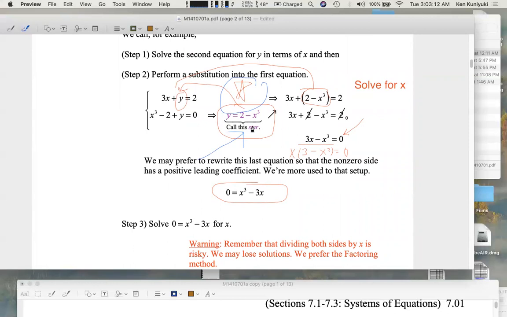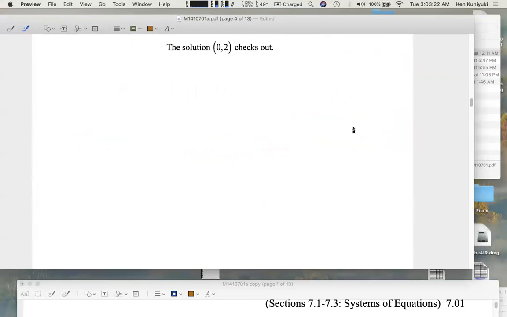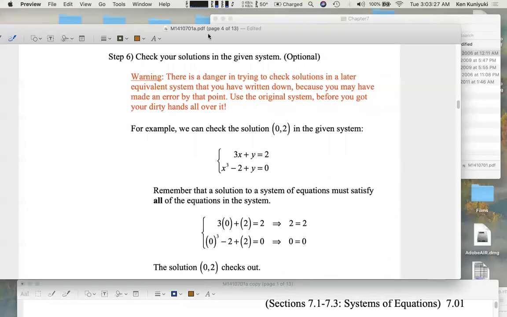Things tend to work more cleanly. But if you're unable to write one variable as a function of another, then a check may be more necessary. Okay, but technically, it might be good to check. And sometimes it's more necessary than at other times, all right?